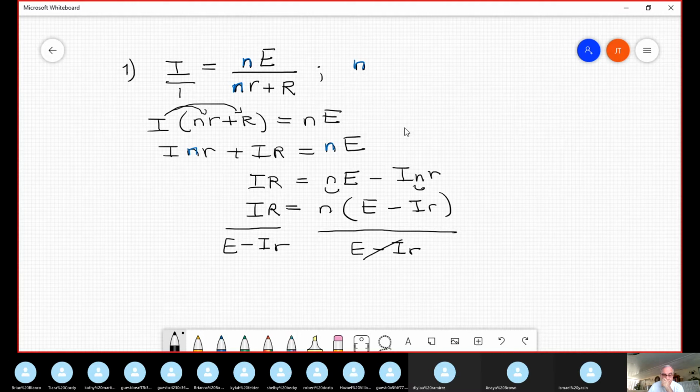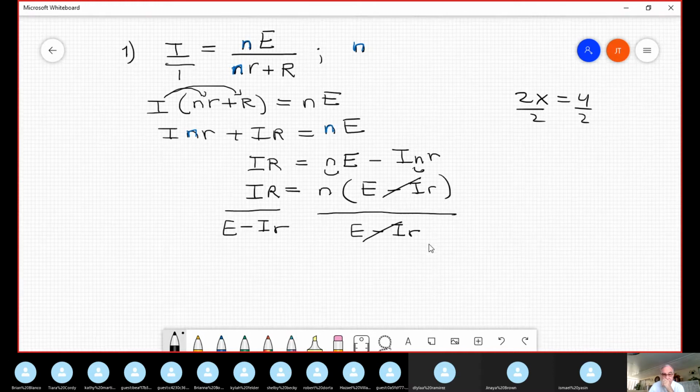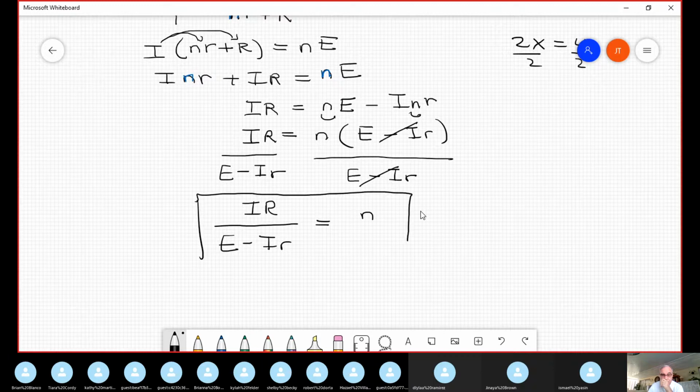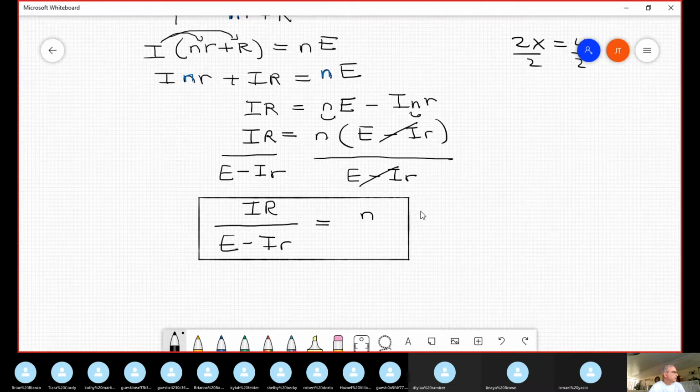What is the intention? The intention is that this and this disappear. It's exactly the same as 2x equals 4: how do you isolate x? Divide by 2. But in this case, it's not one number, it's a binomial, but it doesn't matter. Therefore, M is equal to IR in the top, and in the bottom we have E minus I. End of the story. In this case, I don't have an idea.